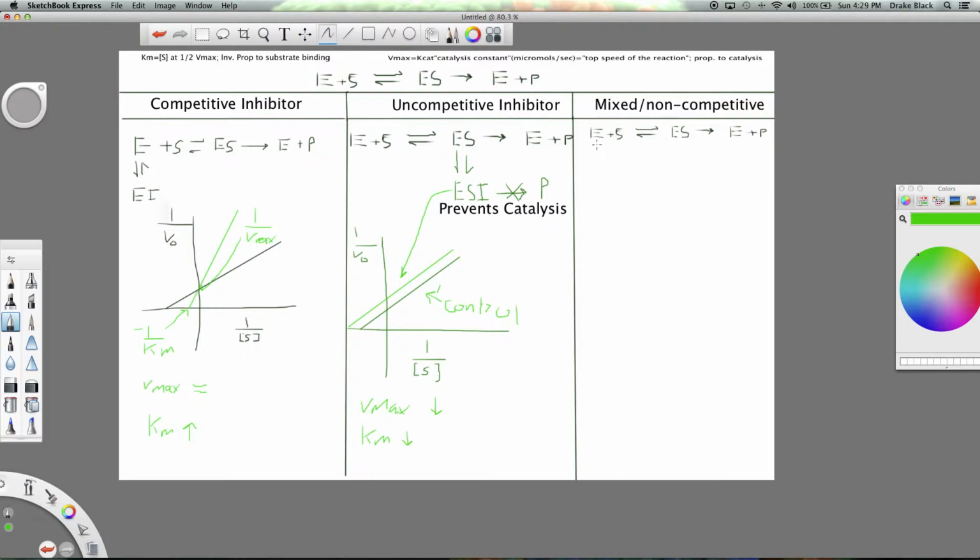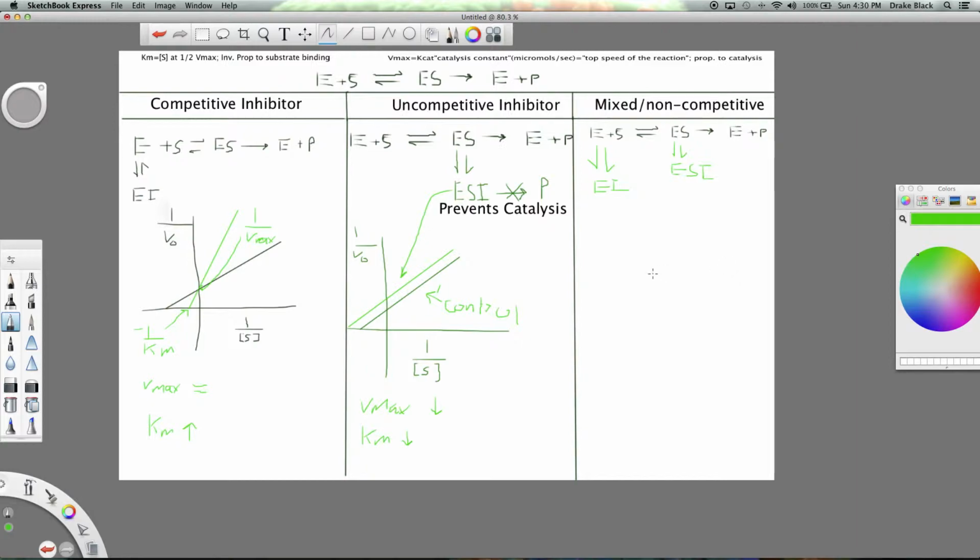With mixed non-competitive, something binds here to create an enzyme inhibitor complex, or it's going to bind to the enzyme substrate complex and create an enzyme substrate inhibitor complex. Alright.